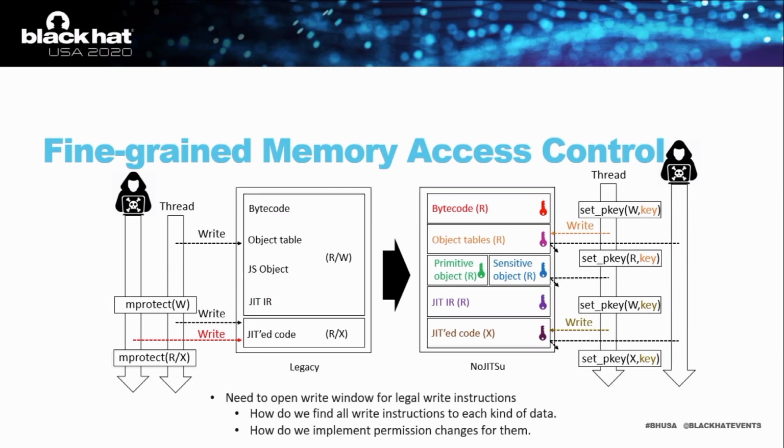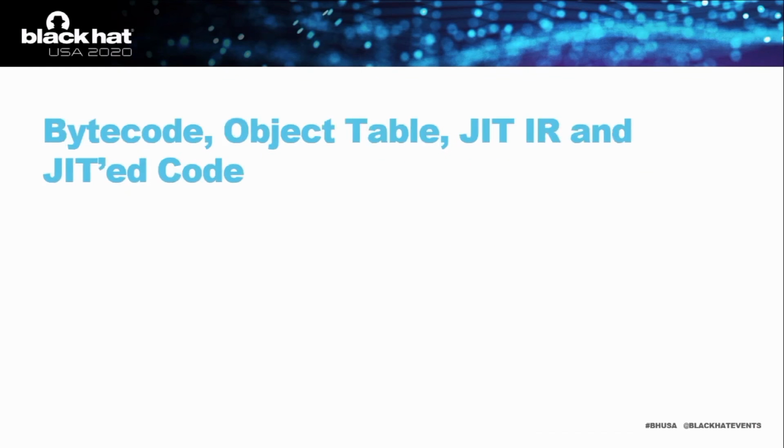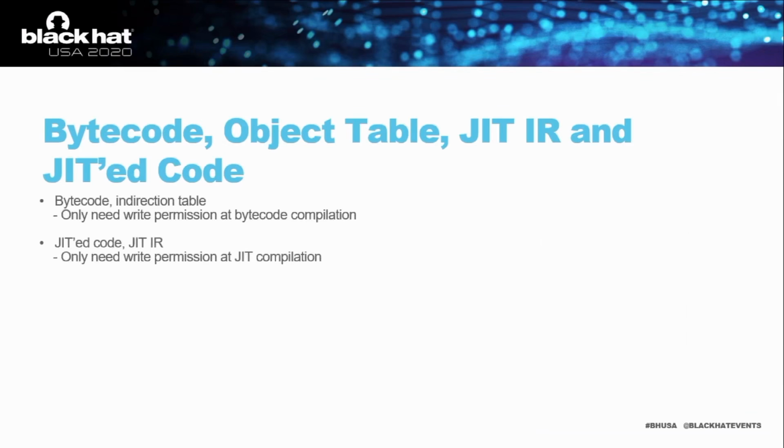But there are challenges we need to solve here. It is required to open write windows for all legal write instructions to those data, and finding all of them is challenging, and implementing protection changes is also not trivial. Then let's start with the easiest one. We found that the bytecode object table, JIT IR, and JIT code need to be writable only during compilation. So we manually find the right instructions for those data and implement protection changes before and after the instructions.